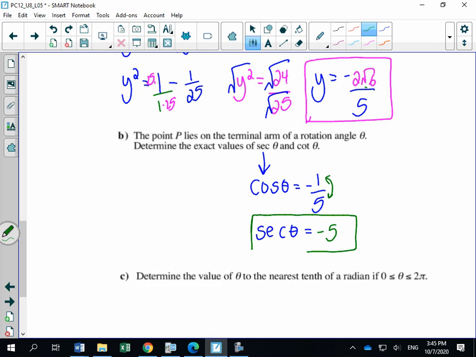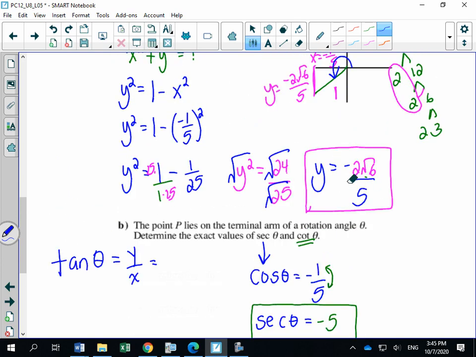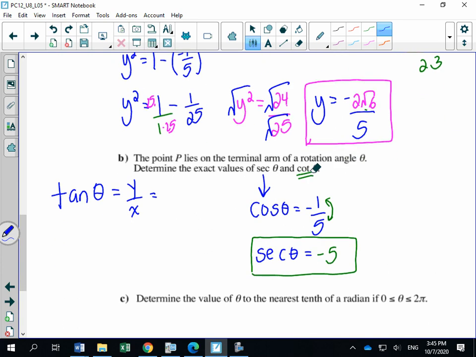Okay, then it wants the cotan of theta. So before figuring out the cotan of theta, I always say, well, what's the tan of theta? Tan of theta is y over x. So I go up to what I figured out, and y was negative 2 root 6 over 5.